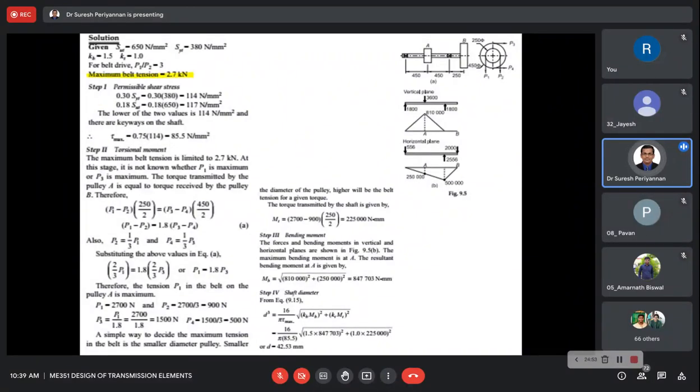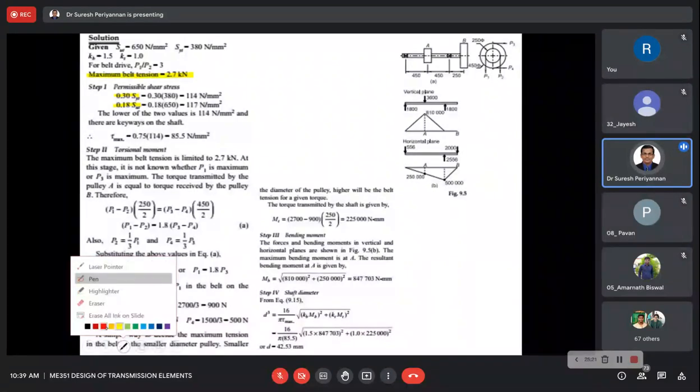Whenever we go for the ASME code approach, the third method for designing the shaft dimension, we have to use this concept, which we already studied in the theory: 0.3 times SYT and 0.18 times SUT. Some students may be unable to see this small letter, so I write it here.